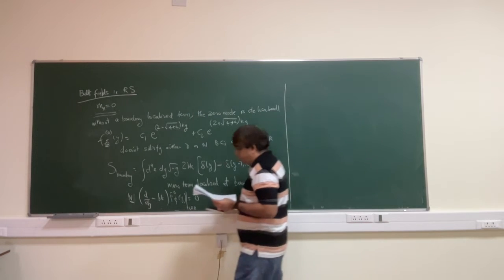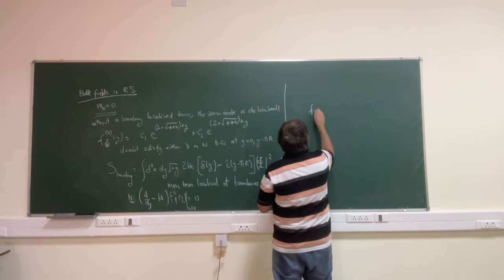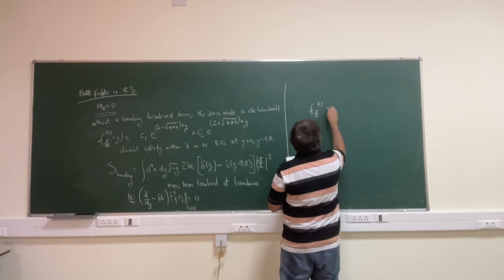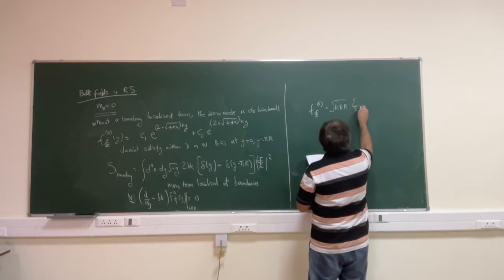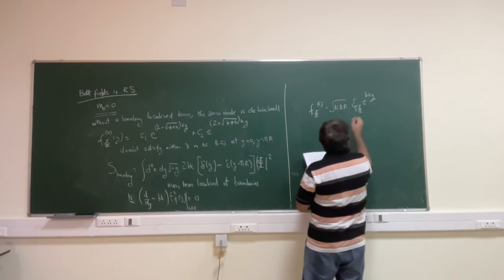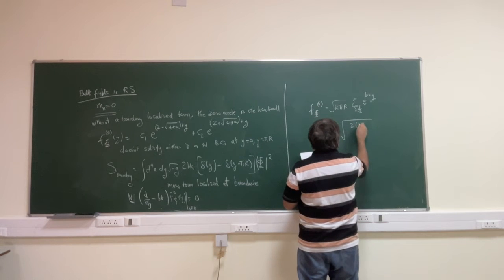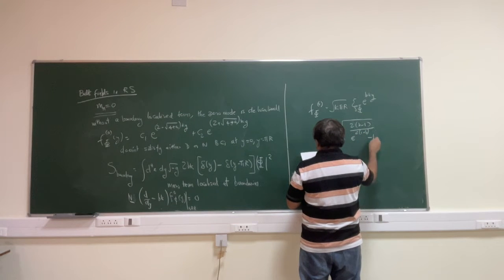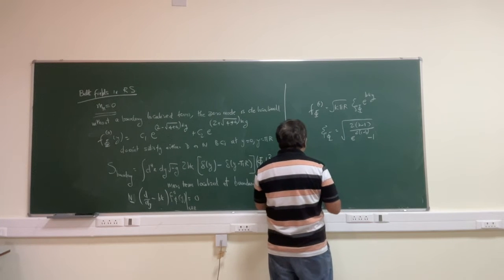I'll just write it down. f0 of y is equal to root kr pi xi of pi e power bky, where xi of pi is equal to the square root of (2b minus 1) epsilon over (1 minus b minus 1), and this epsilon is nothing but 2rk pi essentially.